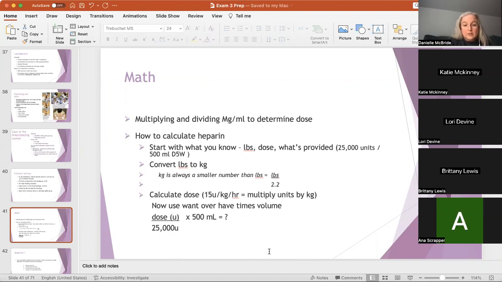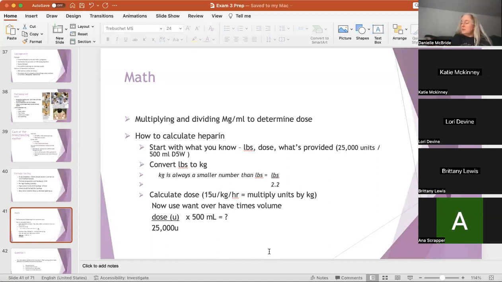Let me look and see what this has here. Calculate the dose. 1/2 times volume. Okay, so this is an example of how to calculate heparin. And I feel like this one is easier than the whole cross multiplying stuff.